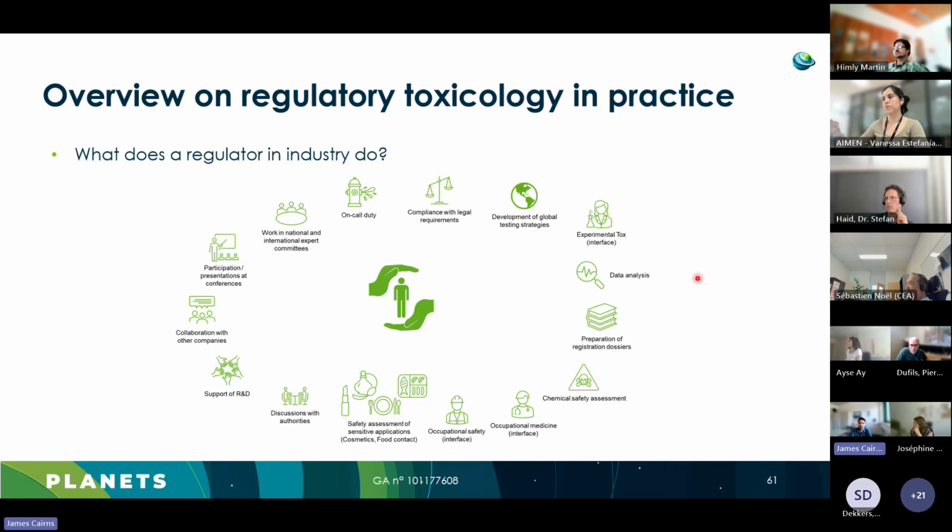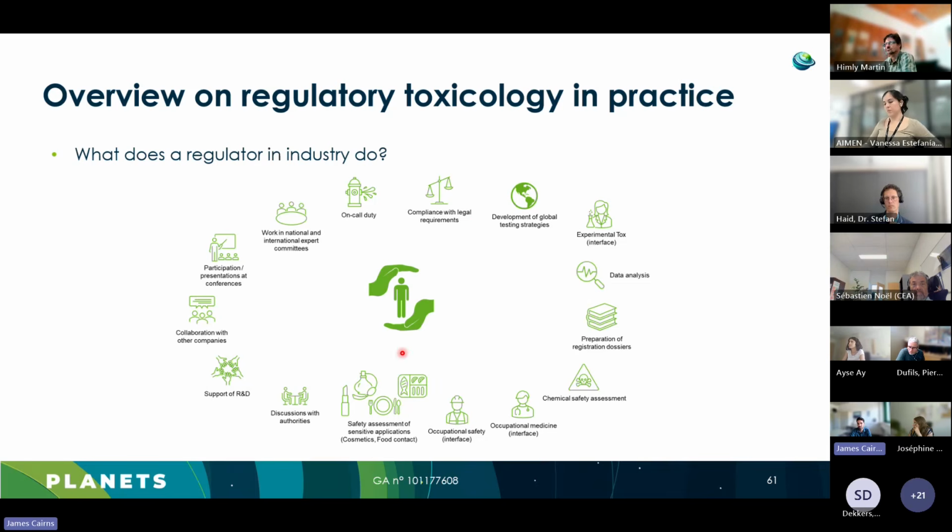This toxicologist also has a lot of data analysis to do, as we've seen, looking for read across, for example, interpreting results. This is all prepared into a large dossier for each substance. Chemical safety assessments, occupational safety, occupational medicine can be part of the job.